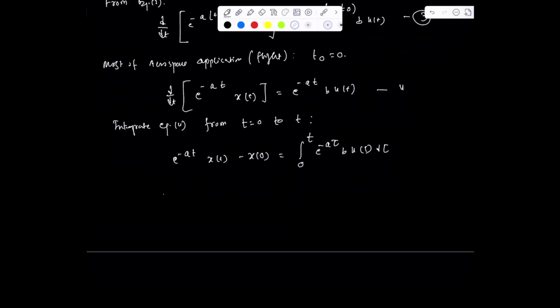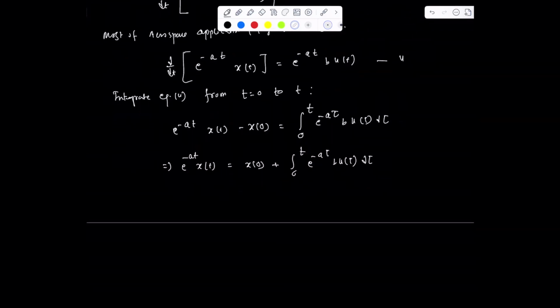Or we can write, from this expression, e to the power minus a t x of t equal to x naught plus the integral from 0 to t of e to the minus a tau b u of tau d tau.